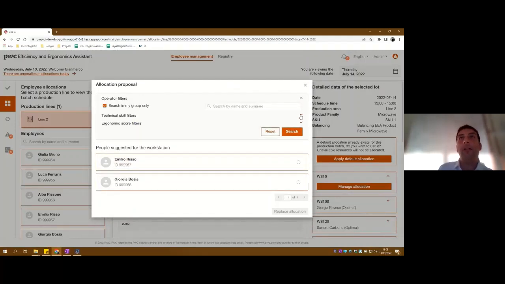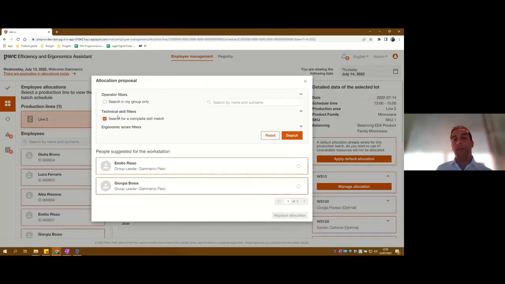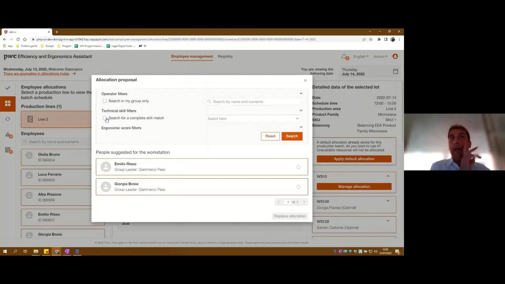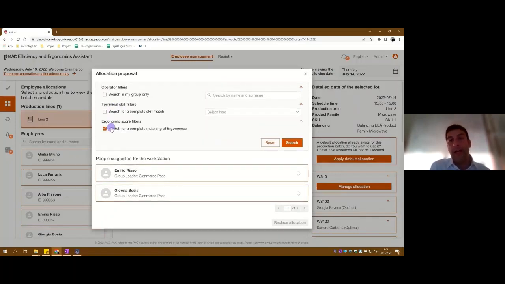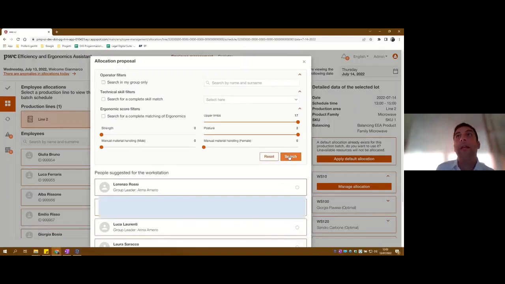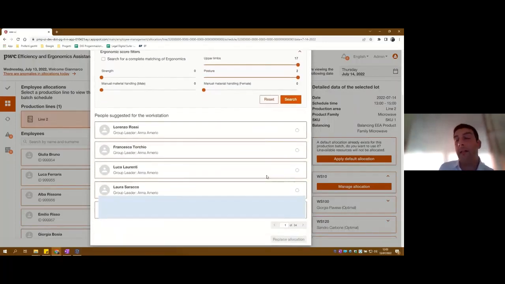It is also possible to remove some constraints, or to search into other groups, other teams, and request an operator belonging to another team and handling the processing app.